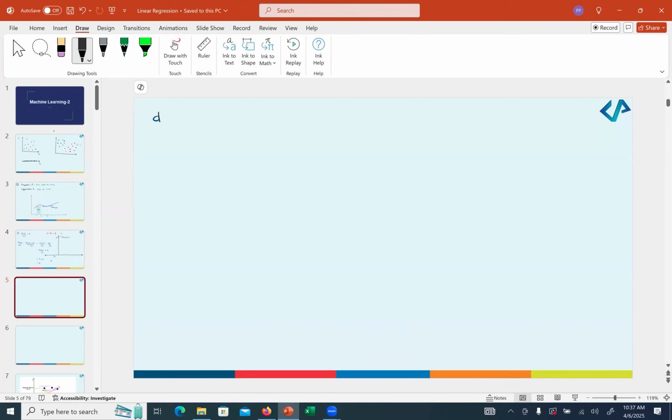Differentiation of x square. Guys, can we do one thing?